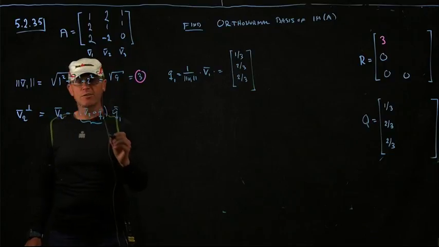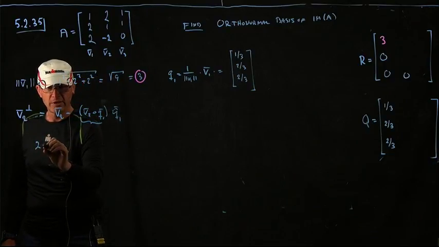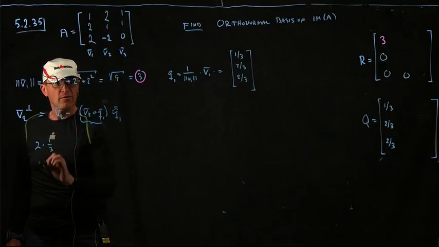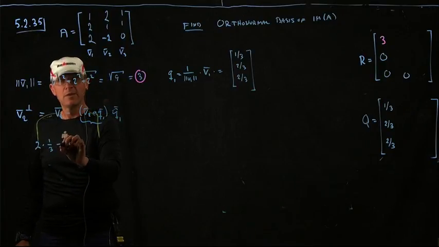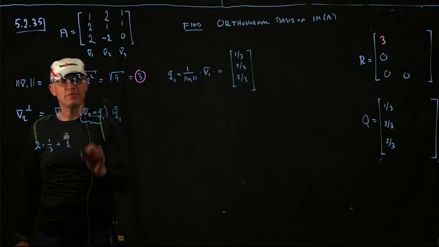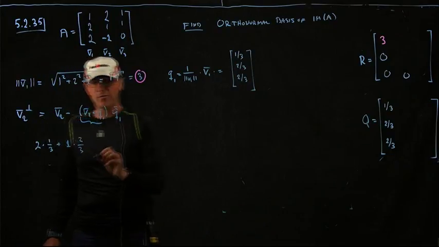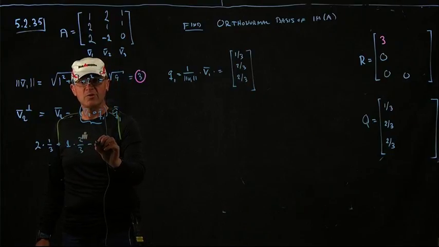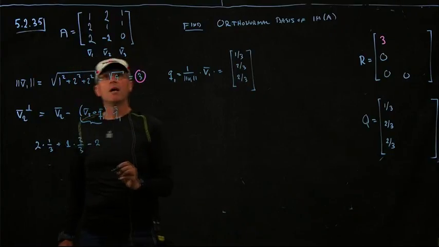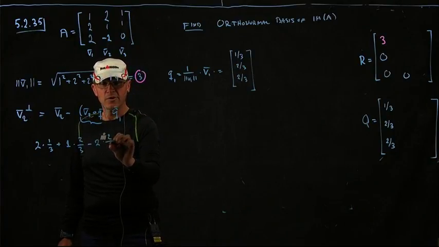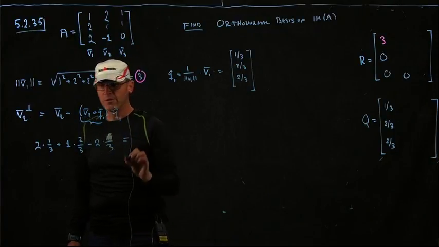So let's do it. We have the 2 from V2, 1/3 from Q1, 1 from V2, 2/3 from Q1, and we're subtracting 2 from V2 times 2/3 from Q1.